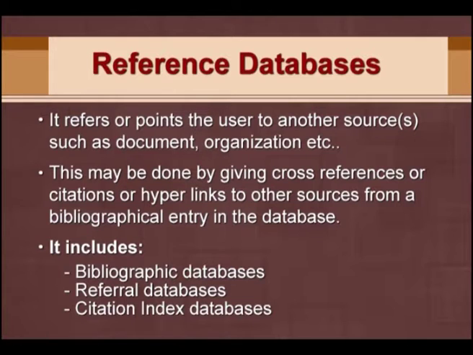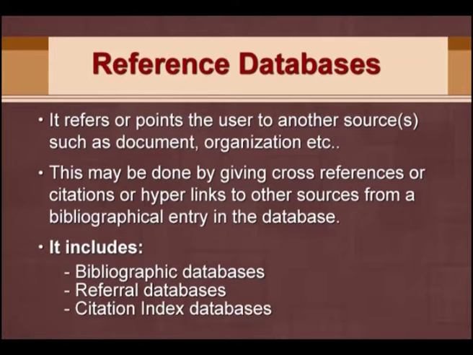These pointers refer to any other source data such as a document or anything else it may be. This may be done by giving cross references, citations or hyperlinks to other sources from a bibliographical entry in the database. So, here we are not storing the source data, however we are storing the hyperlinks to the source data or a citation or a cross reference to other data.